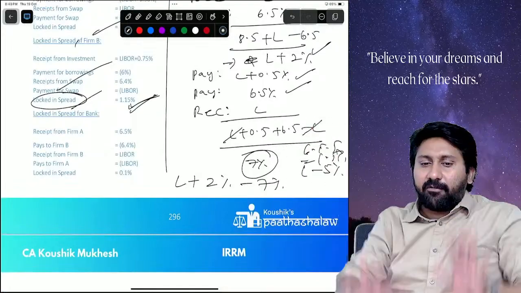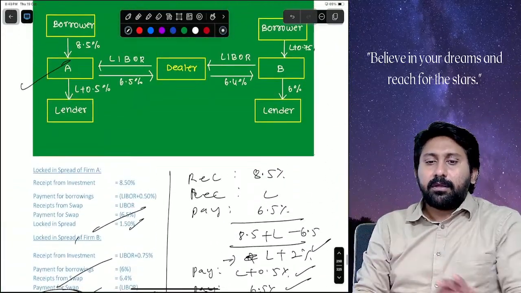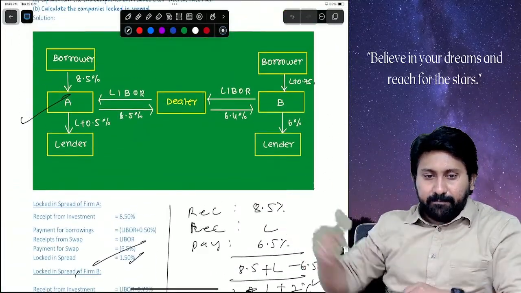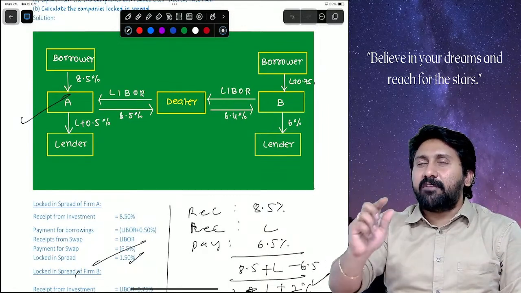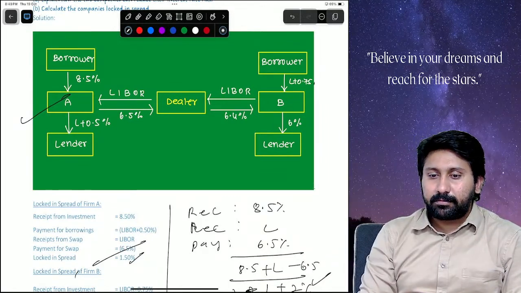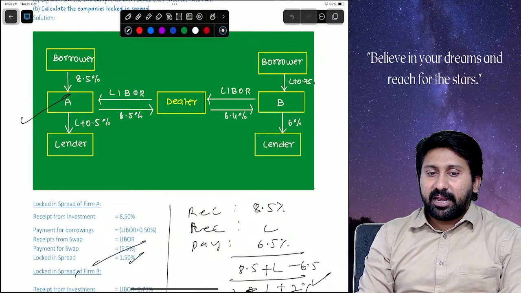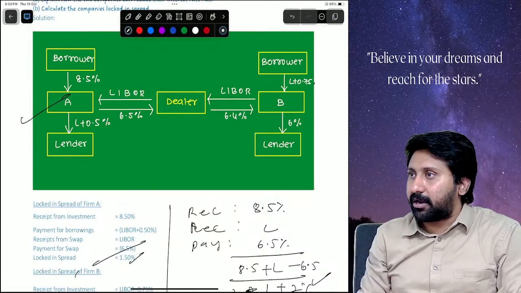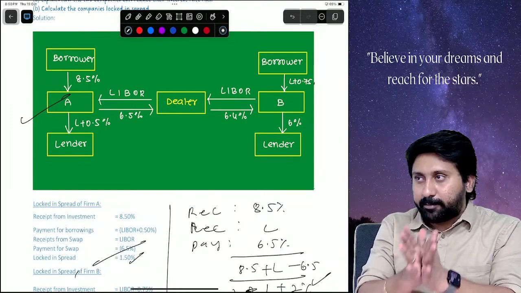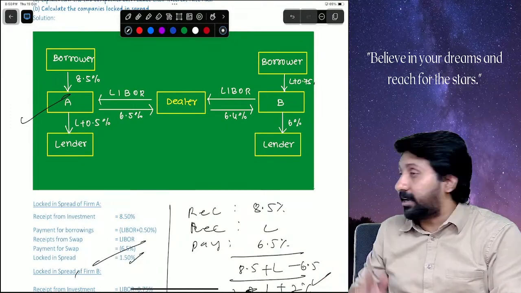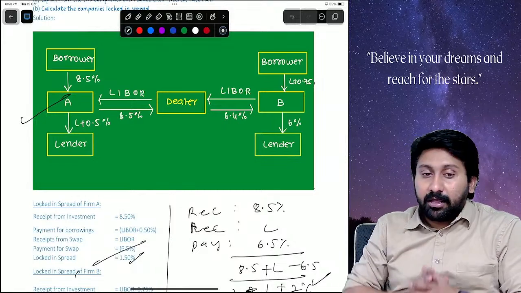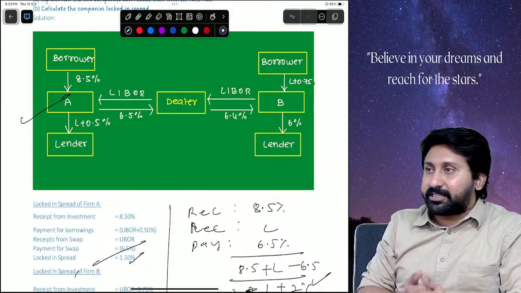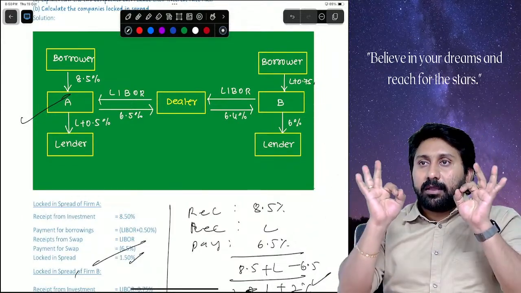Sir, one thing I wanted to know from you. Tell me. See the diagram. Originally, what is A's position? Borrowing, lending. Both are there or not? I borrowed at Libor plus 0.5. One person borrowed from me at how much? 8.5.